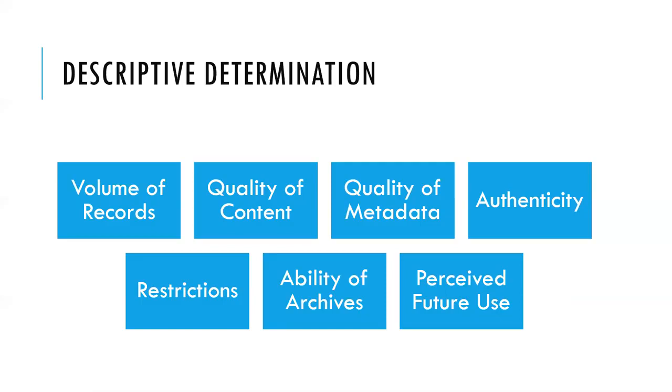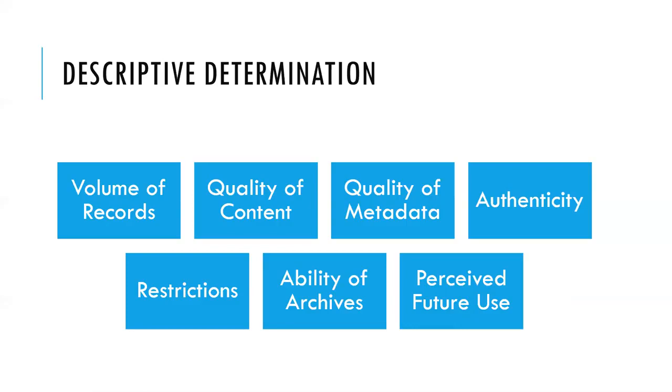The article talks about the Clifton papers, and although they were really difficult to process, they felt like there was going to be a lot of future use of them. So they kind of plowed through all that, and they provided a lot of description and access to those records anyway.